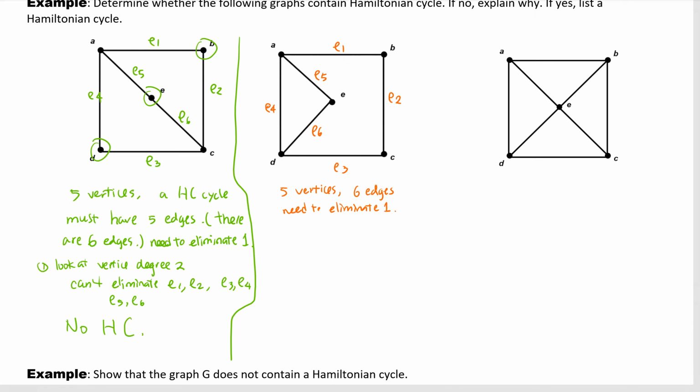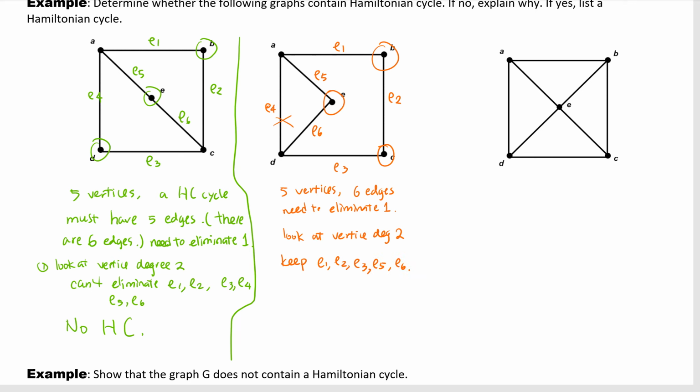So we look at the vertices with degree 2. Those are E, B and C, right? So we need to keep E1, E2, E3, E5, and E6.